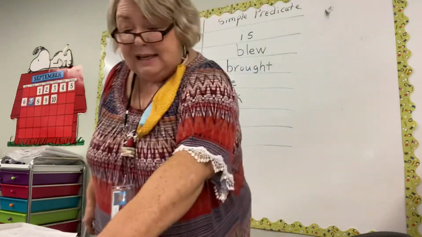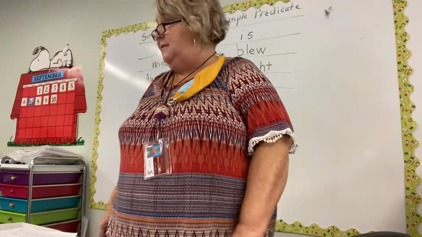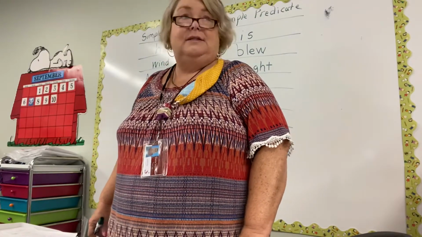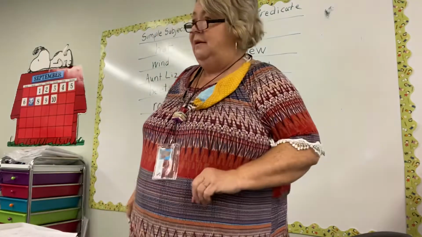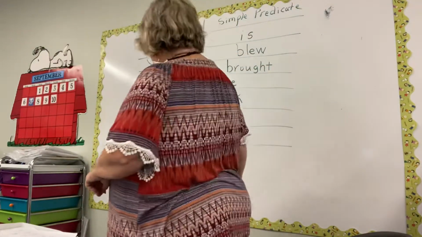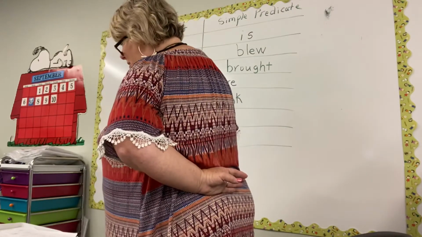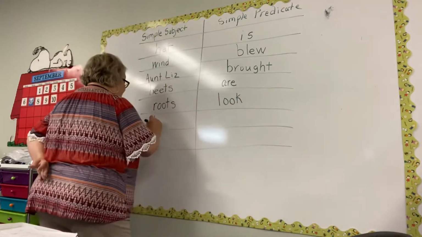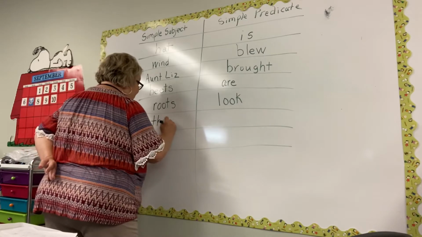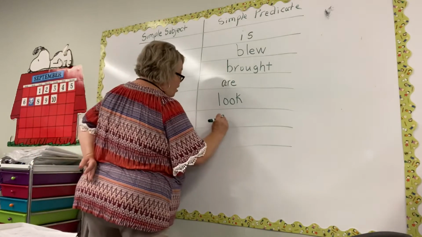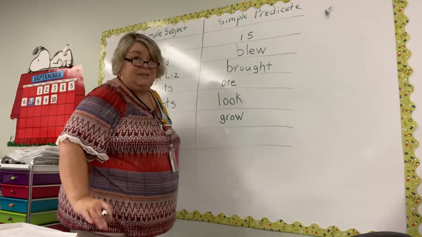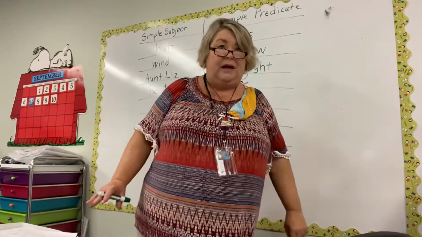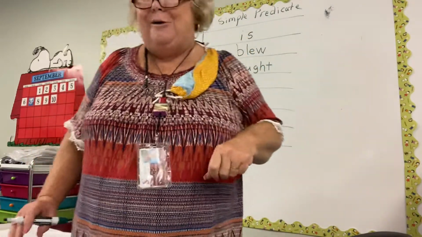It can take the place of a noun. So they in that sentence is talking about the sugar beets. It's referring to it. So it can be a subject. Chantel, what is the simple subject in that sentence? They. And what is the simple predicate? Grow. And this word is an action verb because plants can grow. That's an action, okay? They can't see, but they can grow.